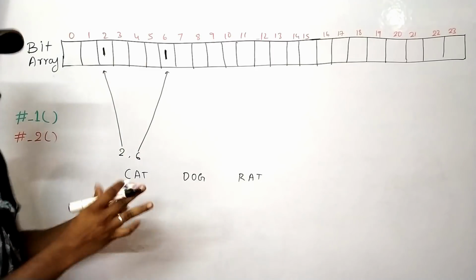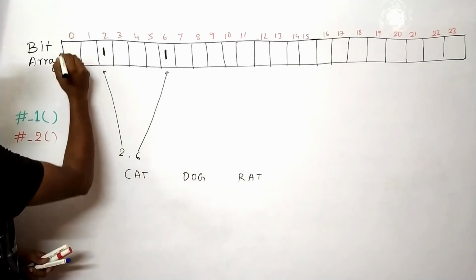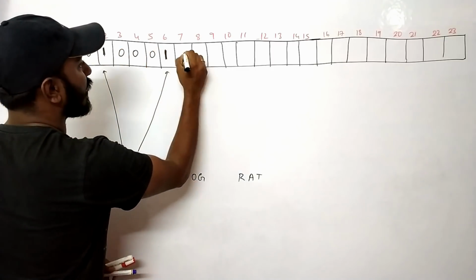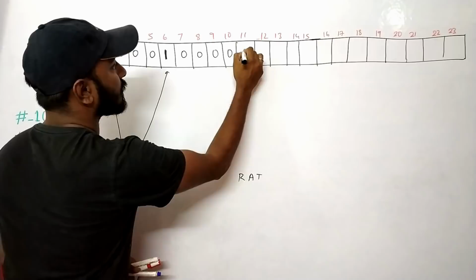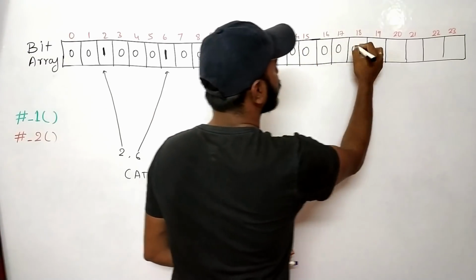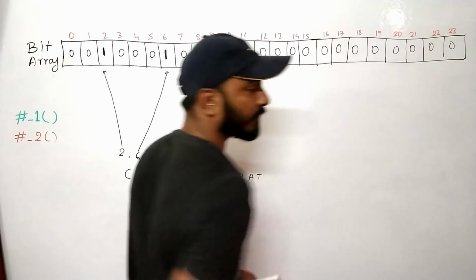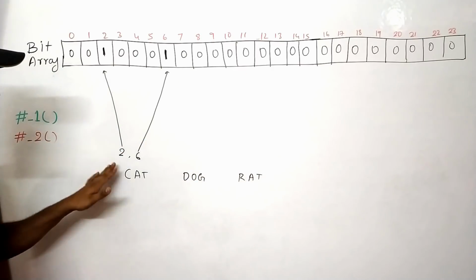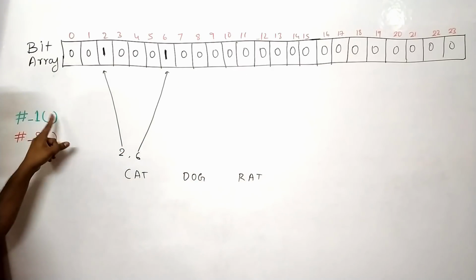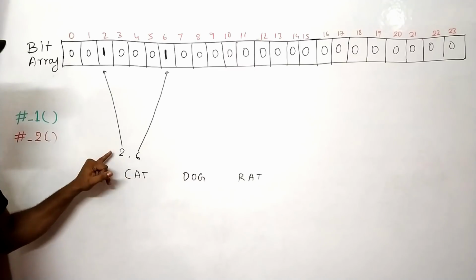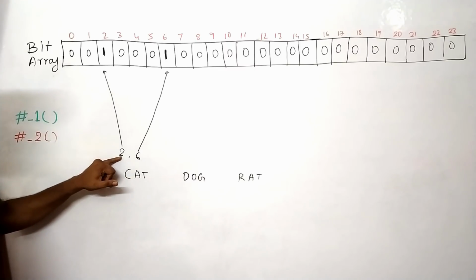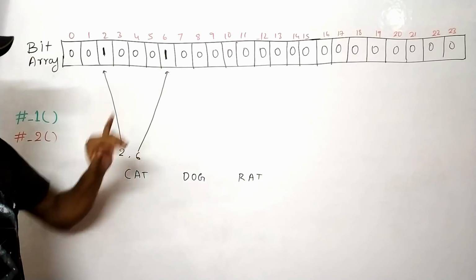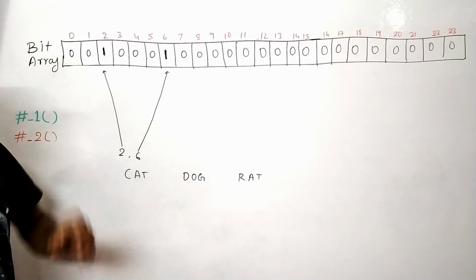One more prerequisite: consider the bit array had all zeros beforehand. Once you pass the first input to the hash functions, we got 2 and 6. Set the respective indexes to 1. So indexes 2 and 6 are set to 1.